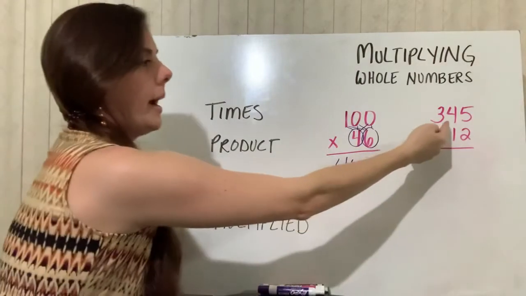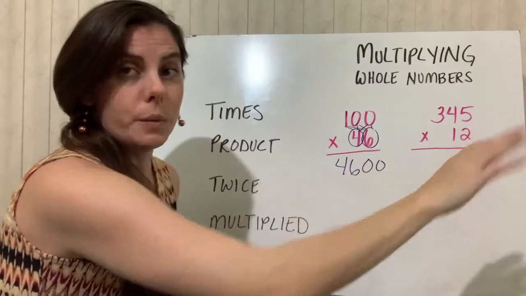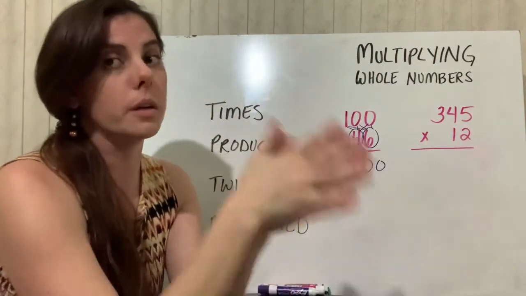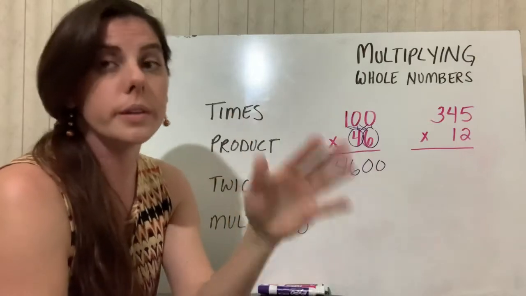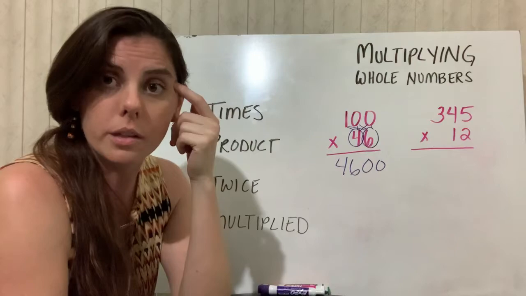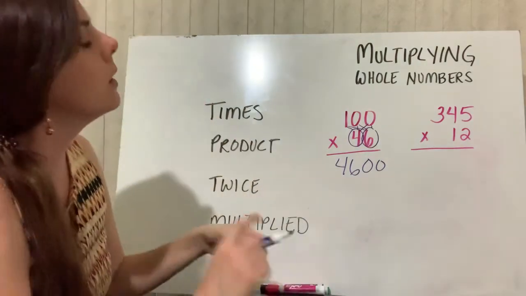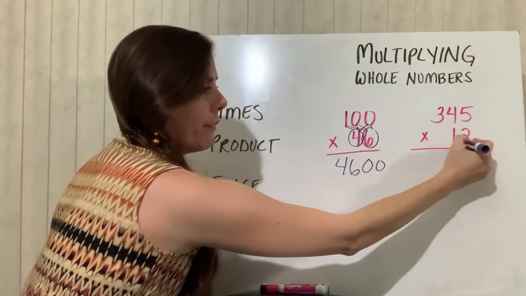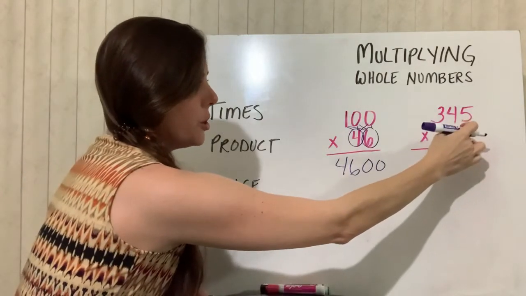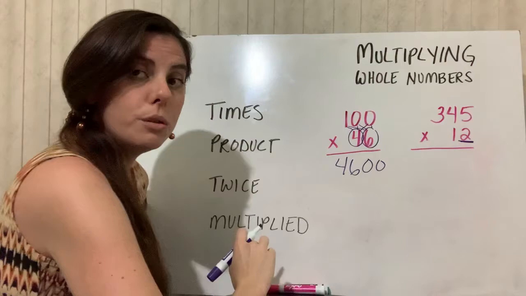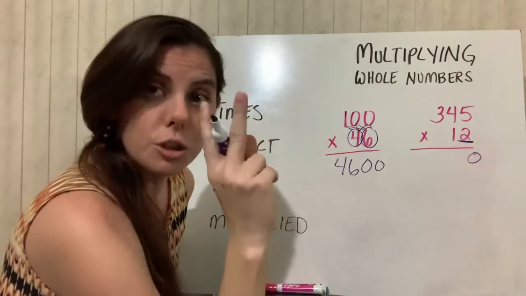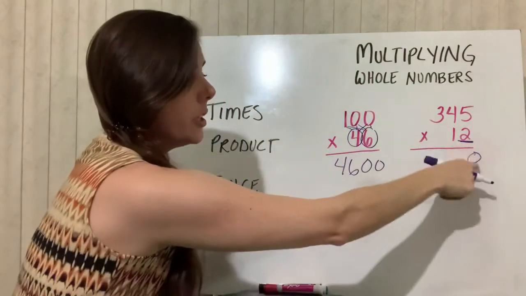All right. But what if we have something where there's no zeros involved and we just have to do hardcore multiplication? So remember, in this course, we're not using our calculators. We want to learn how to do this by hand and use our brain, because our brain is our supercomputer, okay? So again, we're going to look at our first place value in our ones, and that's a 2, and we're going to do 2 times 5. So 2 times 5 is 10, and remember, because it's a 2-digit number, we can only put 1 digit there.